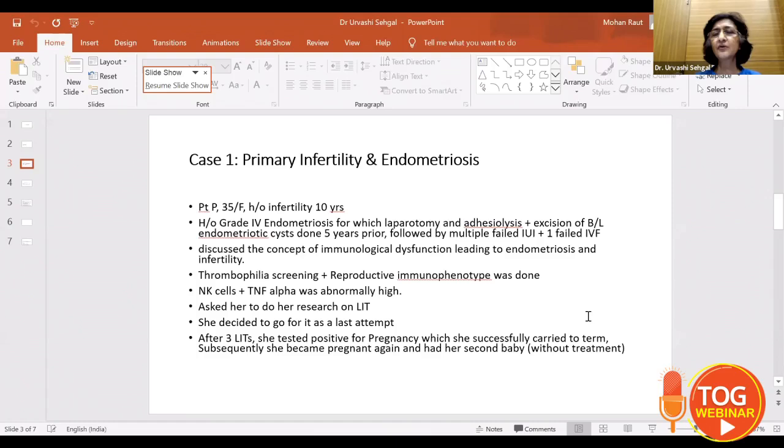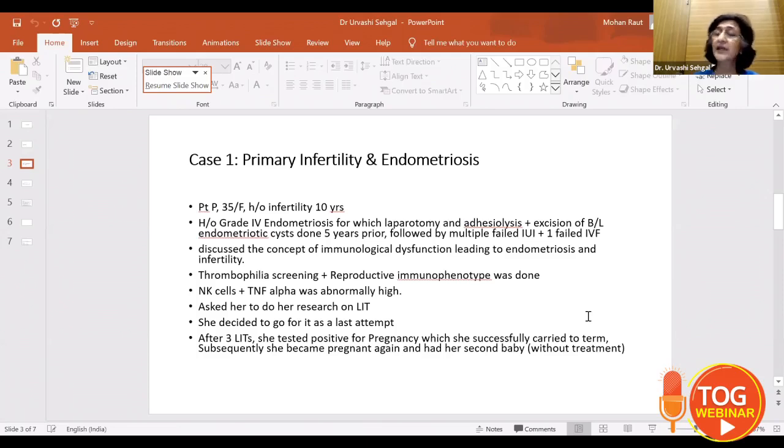Endometriosis is also known to have an immunological etiology. The tests available at that time were NK cells and TNF alpha. These were the two tests that I knew of, and we did those, and they were found to be abnormally high.